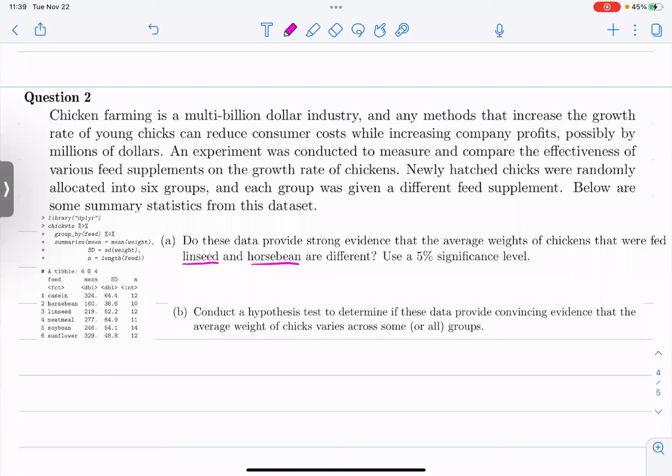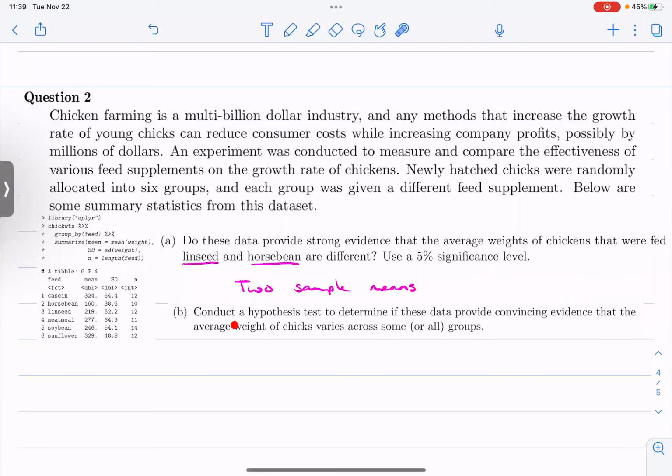That's only 2 of these groups, right? Making this a 2 sample means question. Right, because I just want to know about the 2 groups. How do these 2 groups compare? Ignore everything else. That is a question that we could ask, fine.